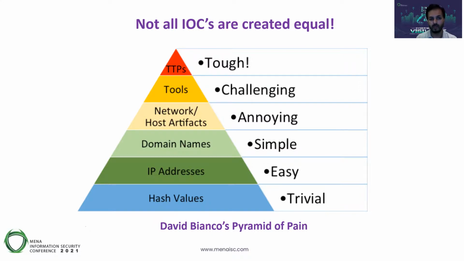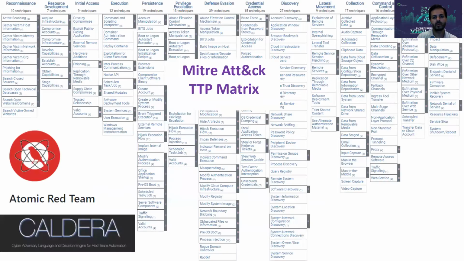You start blocking those and preventing and being able to detect and respond to TTPs. TTPs are something that the attackers find harder to change because they're more behavioral. So that's what we should be looking to do: focus our energies on identifying the TTPs, and the MITRE ATT&CK framework, which we'll talk about now, is a useful tool for that.